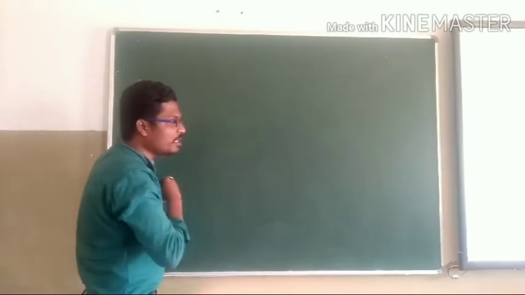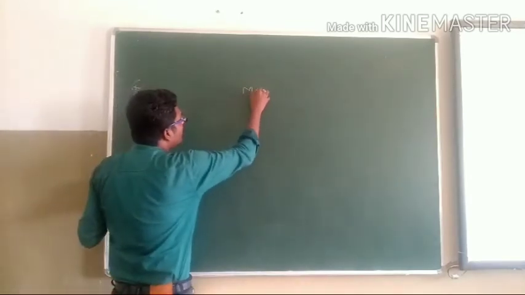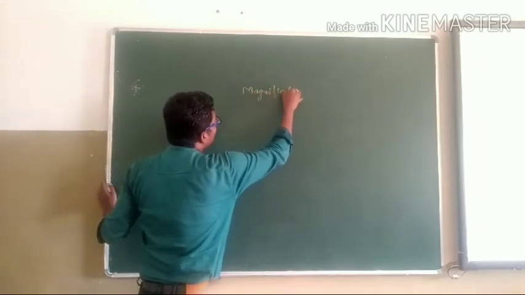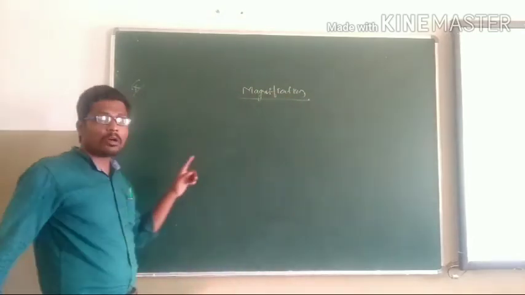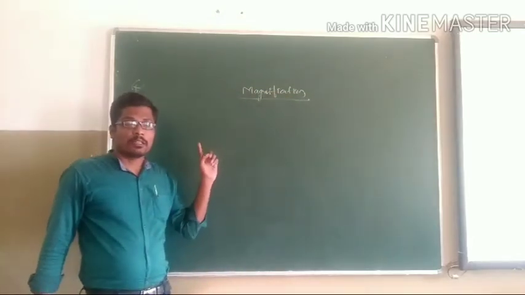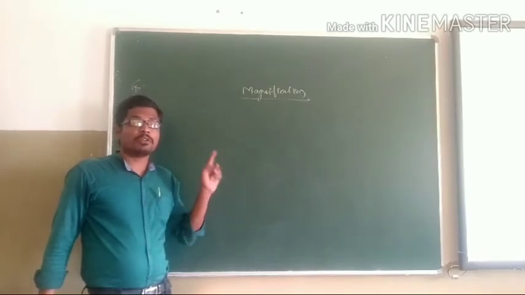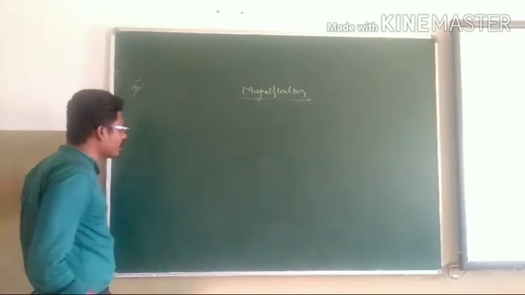Magnification is very simple. You just understand. Magnification is the ratio of height of the object to the height of the image. That is what we call magnification. In a simple manner you can understand.